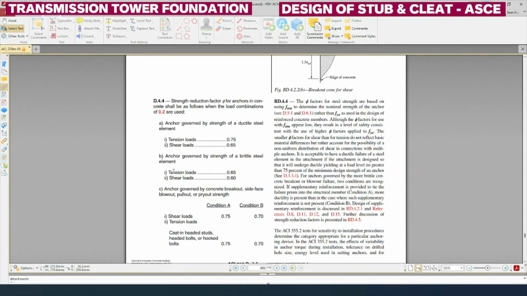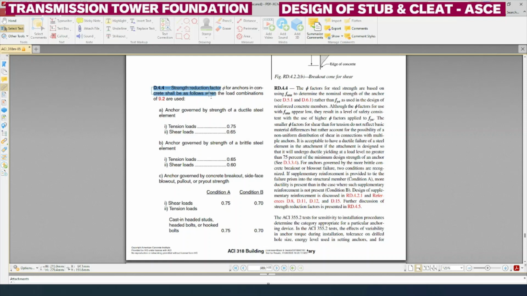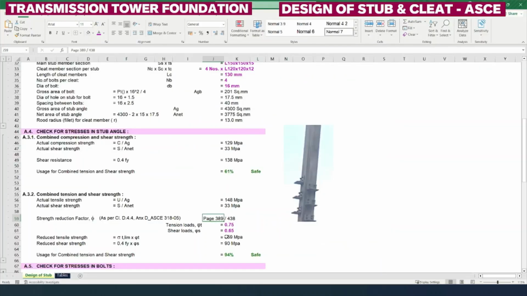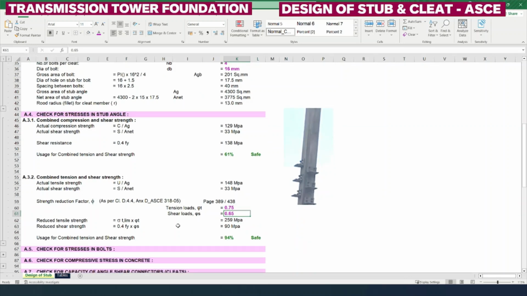So this is the code and the class which I am showing in that PDF file. Here for tension loads we need to consider 0.75, and for shear loads 0.65, for an angle governed by the strength of a ductile steel element. So that's why we are considering 0.75 as the tensile resistance factor, and the shear resistance factor is 0.65.